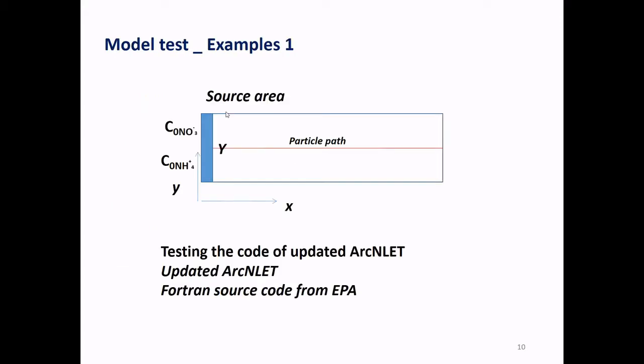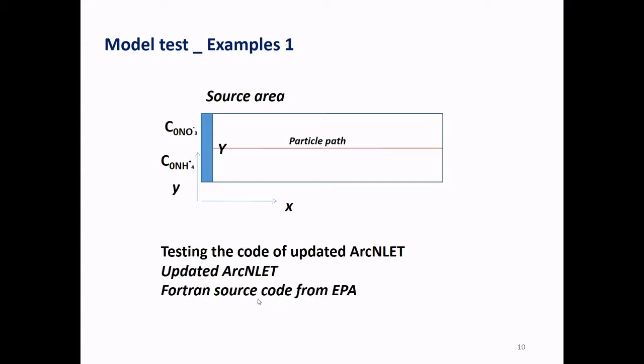So that's essentially what we did in theory. And we did a number of tests. This is one test we did to compare our results using ArcNLET, which is actually updated ArcNLET with both ammonium and nitrate. And then we compare results given by an EPA report.